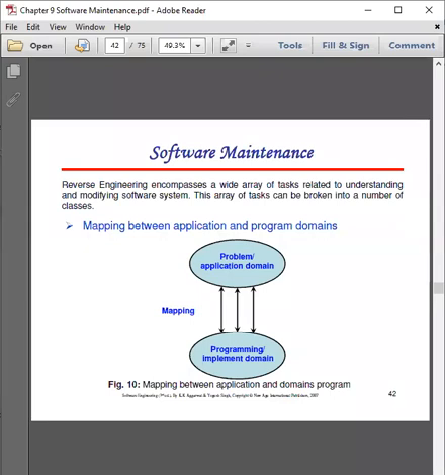Reverse engineering tasks. Reverse engineering encompasses a wide array of tasks related to understanding and modifying software systems. This array of tasks can be broken into a number of classes. First is mapping between application and program domain. This is the problem application domain, and this is the programming implementation domain.